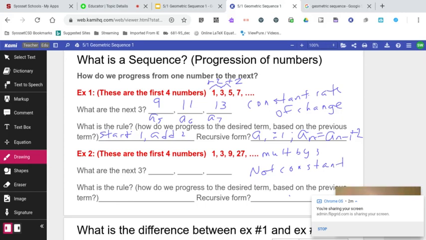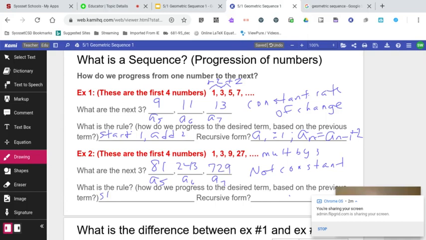So if I have my first four terms here, 1, 3, 9, 27, to get to my next three terms, a sub 5, a sub 6, and a sub 7, I would have to multiply by 3, giving me 27 times 3, 81, 81 times 3, 243, and 243 times 3, 729.